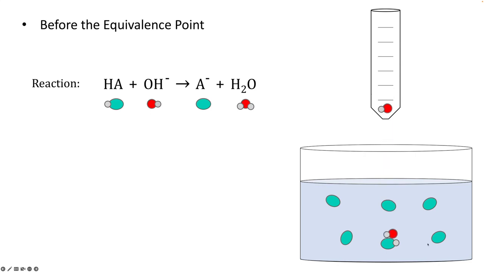Then at some point we've added enough OH- to completely react with the HA, and we are no longer before the equivalence point, we're now at the equivalence point. The reaction we were using is no longer relevant because the HA has all been used up.